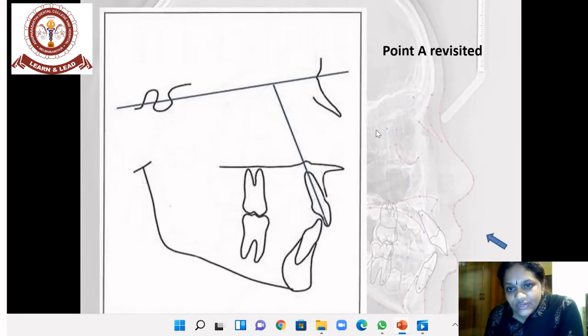So the most difficult point to identify is your point A. To overcome that, we have one thing called point A revisited that you can construct. How can you construct this?